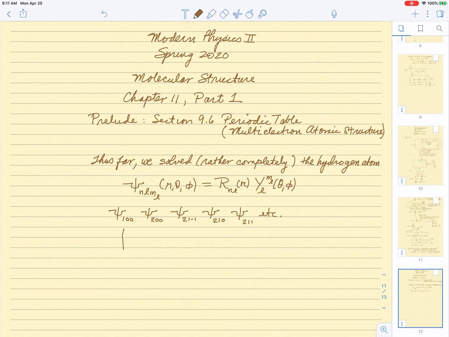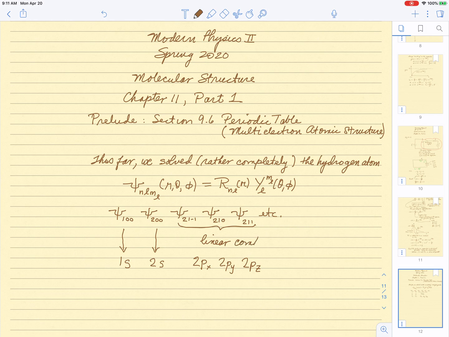You will recall that when we talked about it, these solutions can be mapped onto the commonly used atomic orbitals for hydrogen. So this would be the 1s, this would be the 2s, and these three will form the 2px, the 2py, and the 2pz orbitals that are commonly seen in general chemistry textbooks.